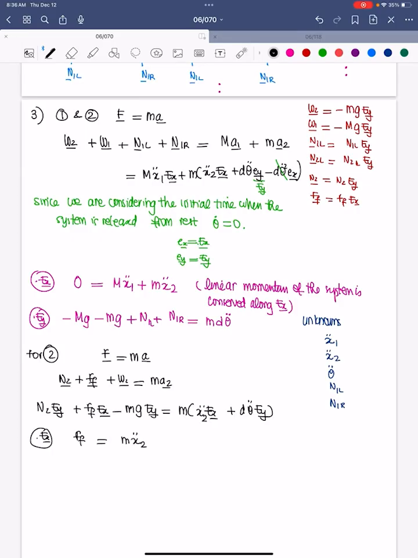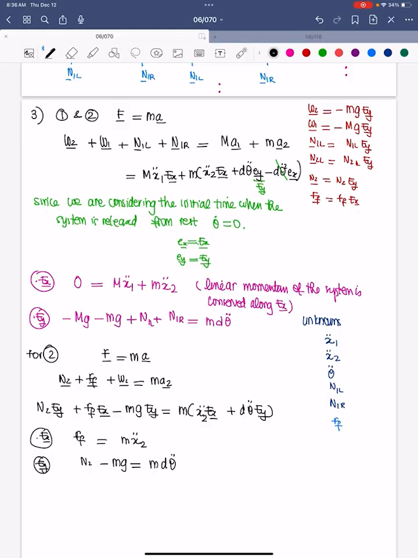and that's X double dot 2. So here we added an equation, but we also added an unknown, which is the friction force. And dot EY, we will get that N2 minus mg is equal to m d theta double dot.